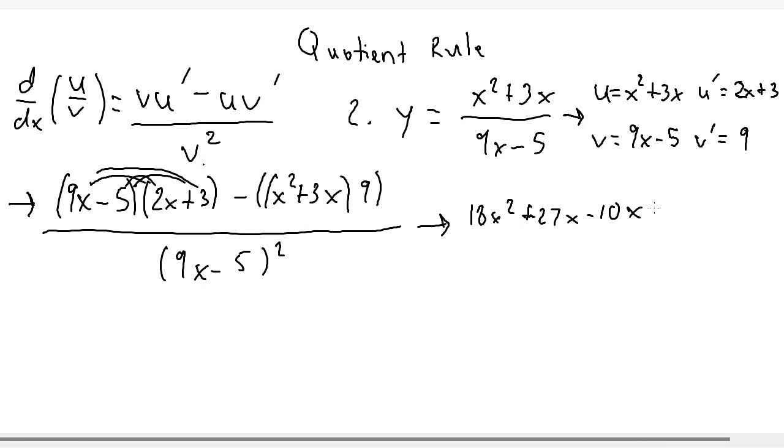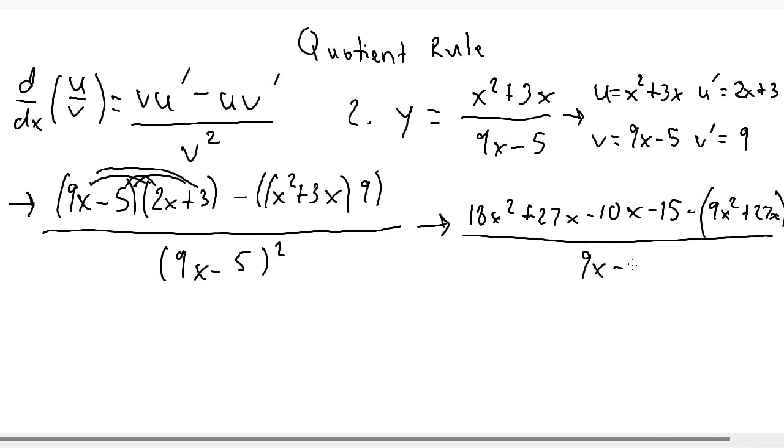And negative 5 times 3 is minus 15. And I can distribute the 9. So 9 times x squared is 9x squared. And 9 times 3x is 27x. All over 9x minus 5. Once again, we probably don't want to FOIL the bottom.